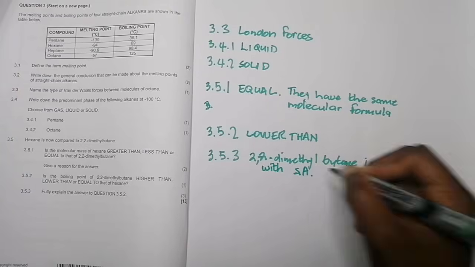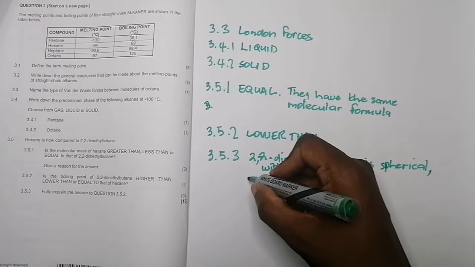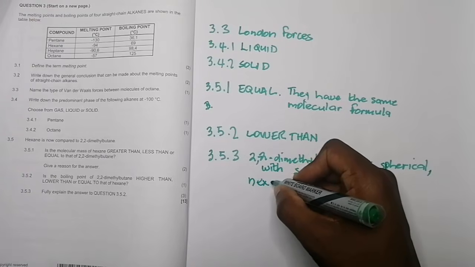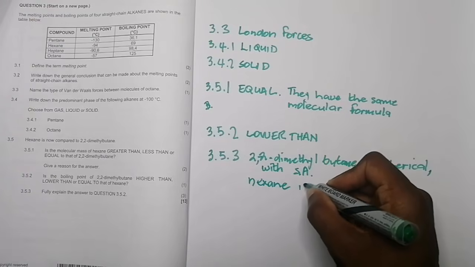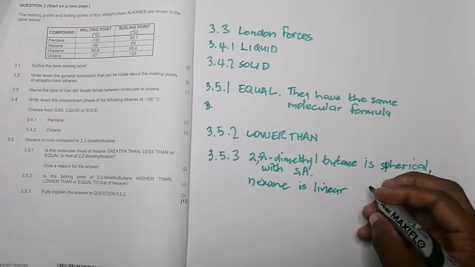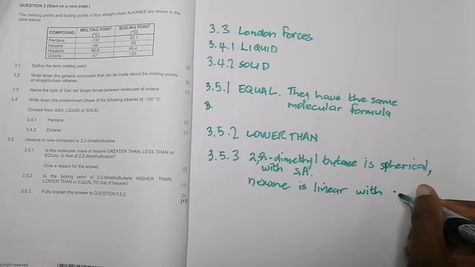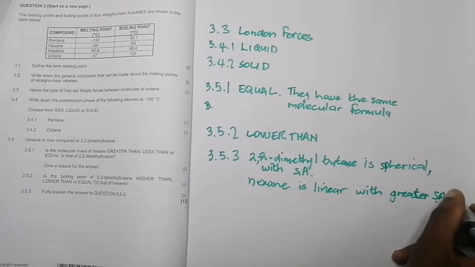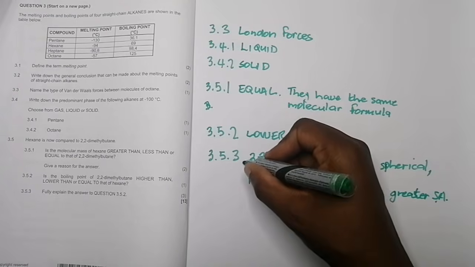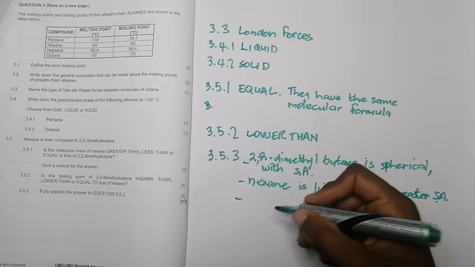I'm just going to write it as SA, if you don't mind. And then hexane is linear, with a greater surface area. I'm going to write this in bullet point form.